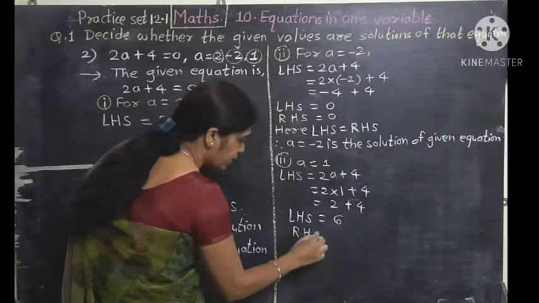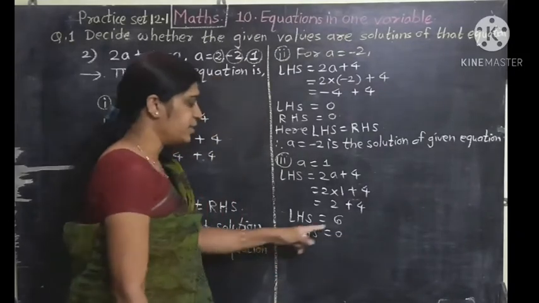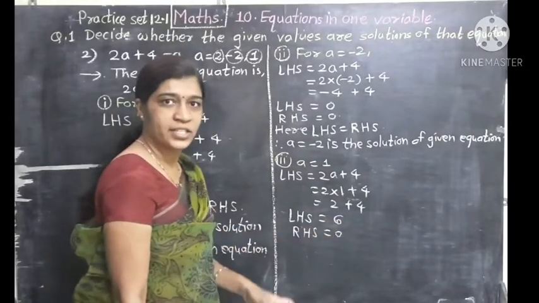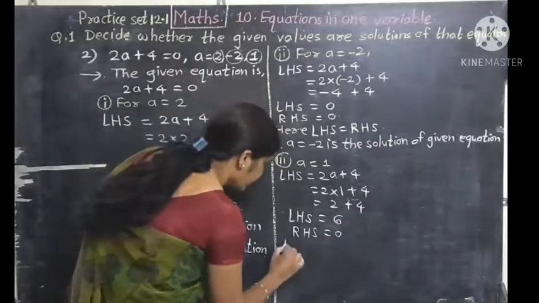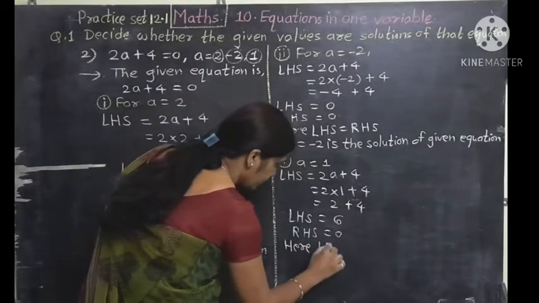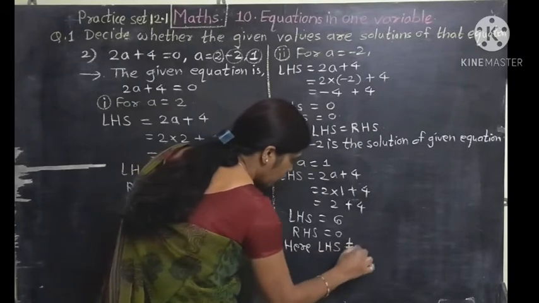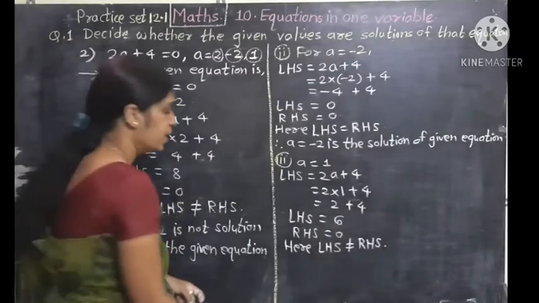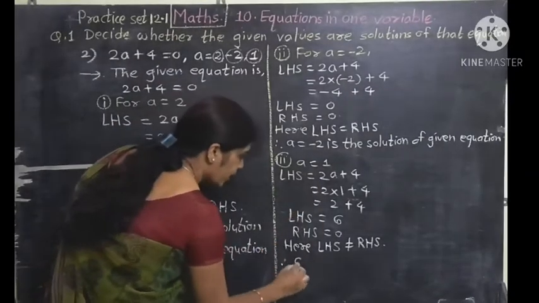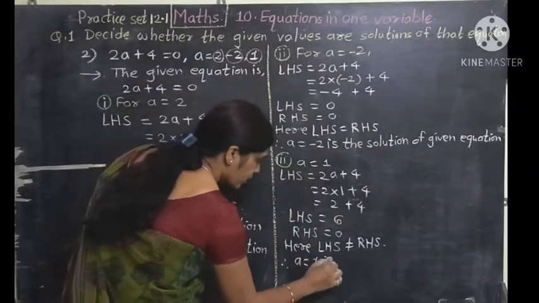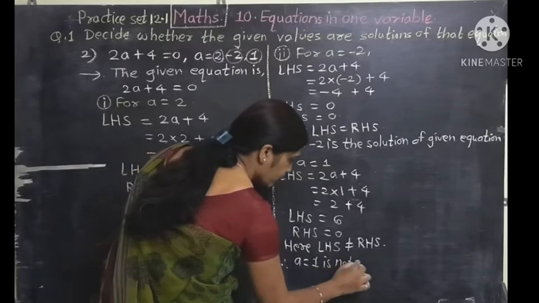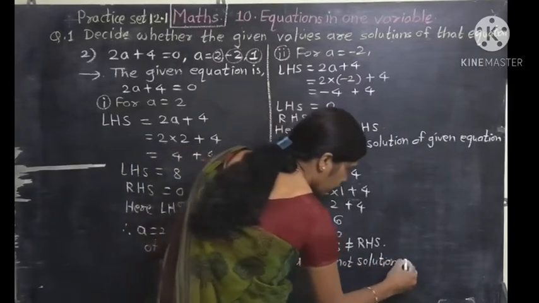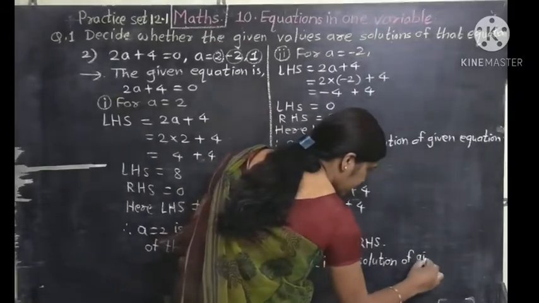And RHS is given 0. Are LHS and RHS the same here? No. Both LHS and RHS are not the same here. Here LHS is not equal to RHS. Okay. Therefore, a is equal to 1 is not a solution of the given equation.